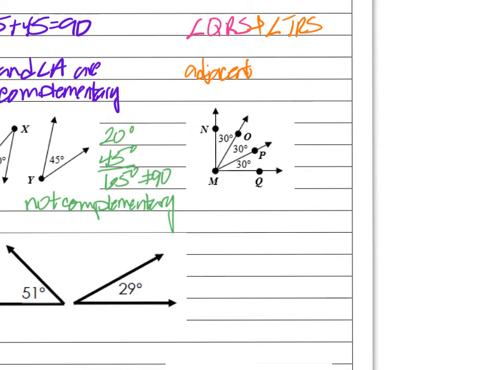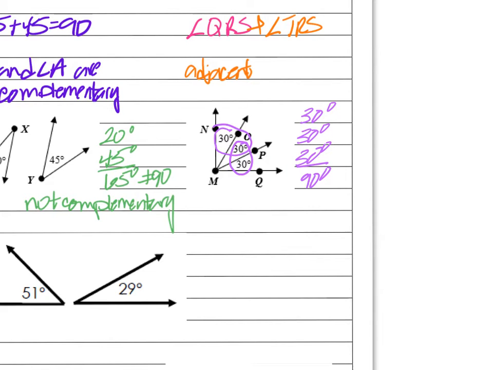So the next one, how many angles? Look, I have 30 degrees plus 30 degrees plus 30 degrees. Yeah, that equals 90, but how many angles is that? That's 3 angles. And my definition, remember, says 2 angles that add up to be 90. So 3 does not work. And then if I only add 2 together, these 2 equal 60 and these 2 equal 60.